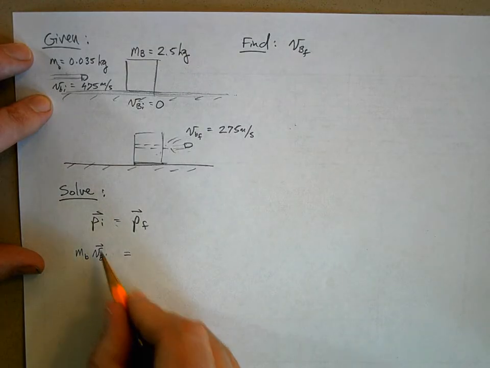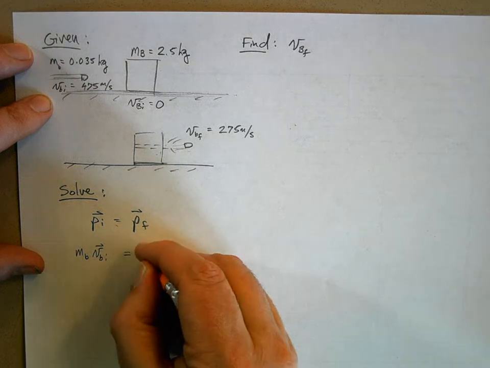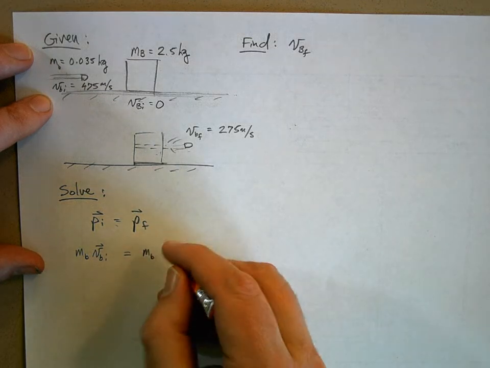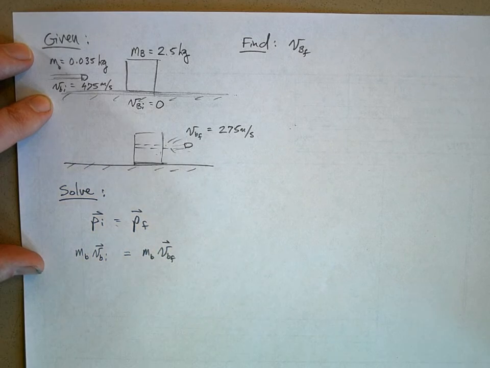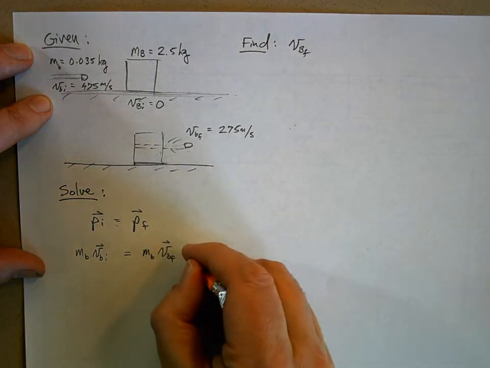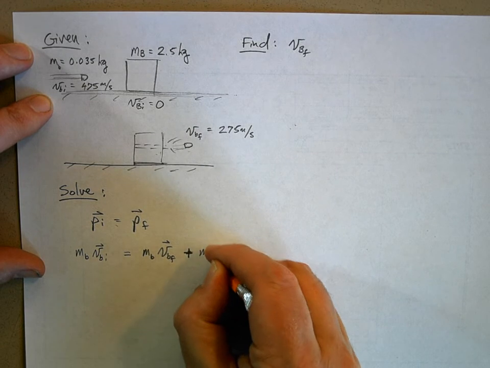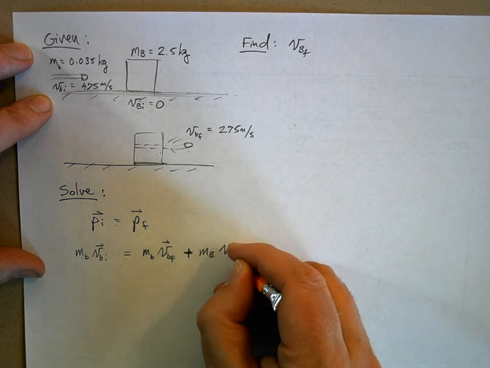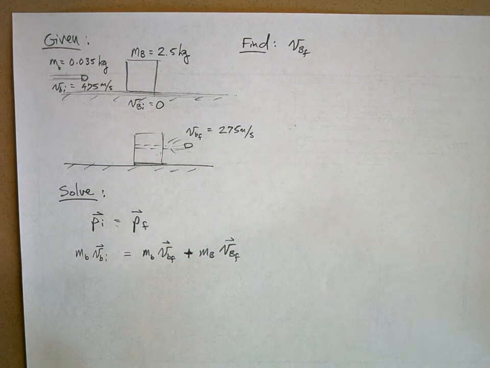All the initial momentum is in the bullet, but afterwards we have the mass of the bullet times the final velocity of the bullet, plus, not equals, plus the mass of the block times the final velocity of the block.